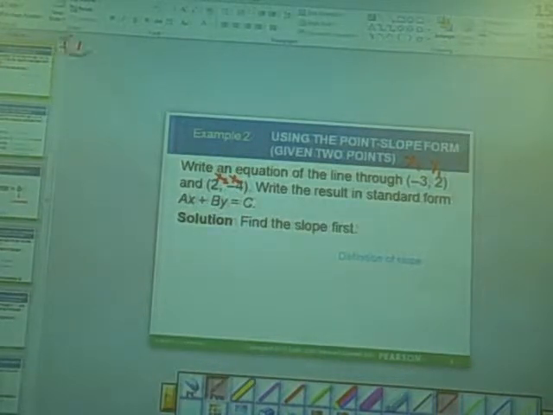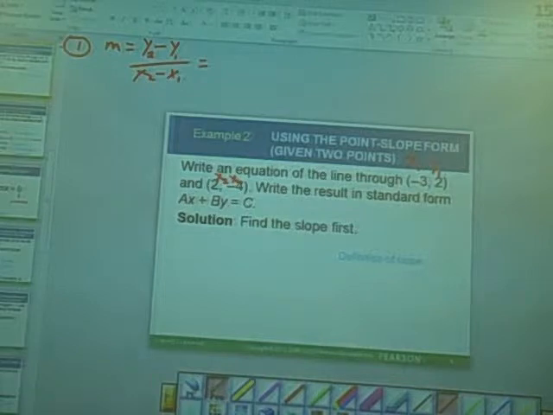First thing, what are we going to do? Dylan? Find the slope. Right, find your slope. Alright, so go ahead and do that. Write your equation down, y2 minus y1 over x2 minus x1. Okay, physically write those equations down, because you're going to need to know them for the test.